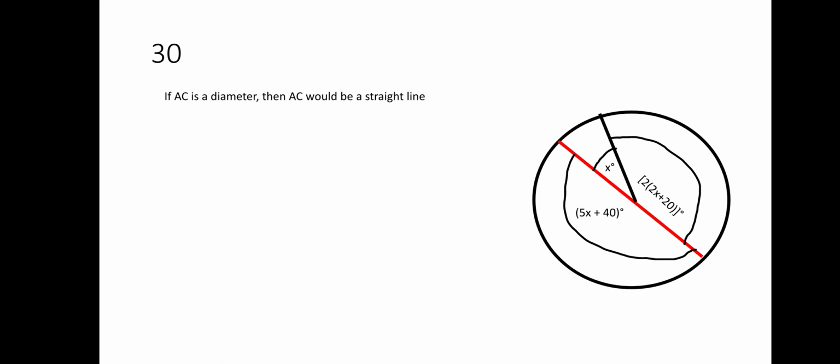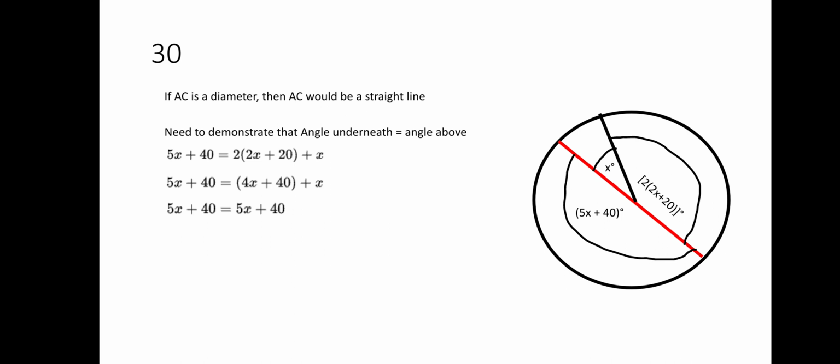If AC is a diameter of the circle, then that would mean that AC is obviously a straight line. That means that if AC is a straight line, then the angles above AC would be equal to the angles beneath it or below.